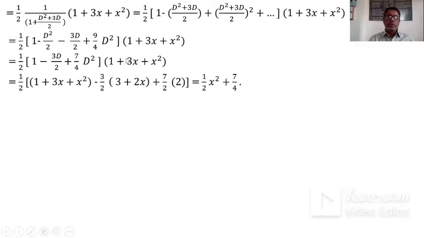Operate on this. Now operate this one by one. 1 half, 1 into this, 1 plus 3x plus x square, minus 3 upon 2. First derivative of this is 3 plus 2x. Here we have to simplify this as 7 upon 4. Here is the correction. Instead of 2, here there is 7 upon 4.